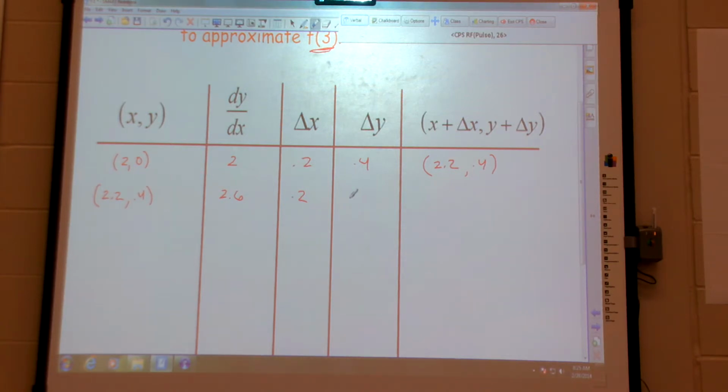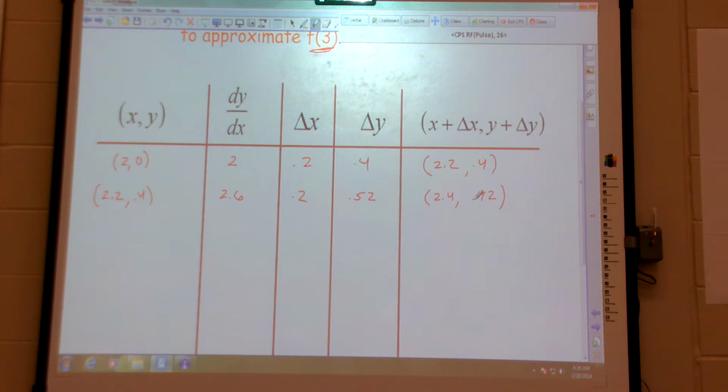I got 0.52. Is that all right? Yes. And then my new x would be 2.2 plus 0.2, which is 2.4. My new y would be 0.92. Once again, they could ask you, what is the second point you find, the second step, on the AP test? That would be an example of a no-calculator one.